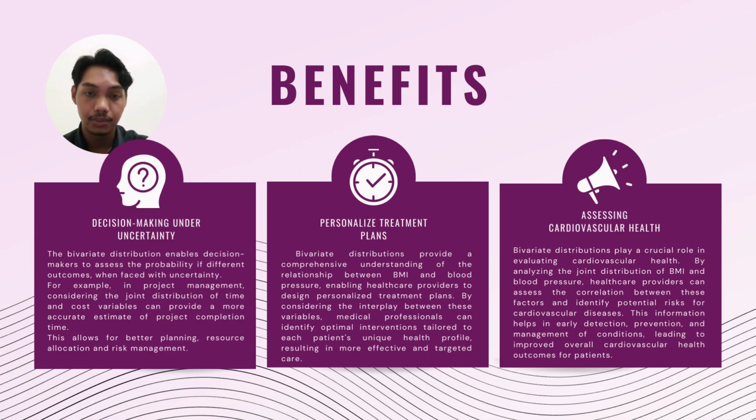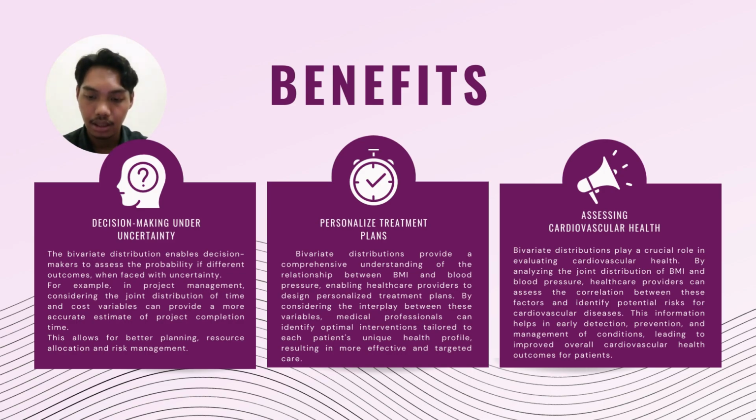For personalized treatment plans, bivariate distributions provide a comprehensive understanding of the relationship between BMI and blood pressure, enabling healthcare providers to design personalized treatment plans. By considering the interplay between these variables, medical professionals can identify optimal interventions tailored to each patient's unique health profile, resulting in more effective and targeted care. And for assessing cardiovascular health, bivariate distributions play a crucial role.